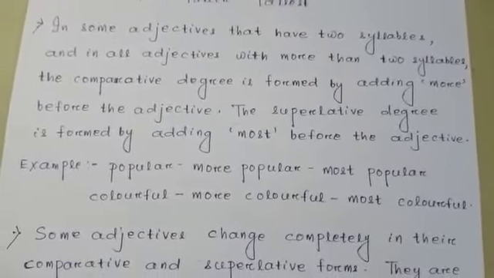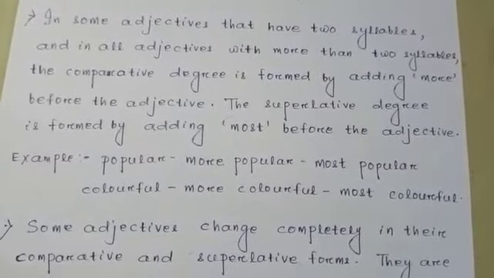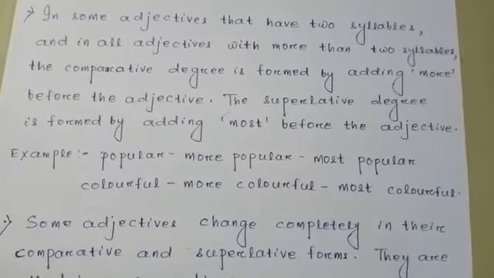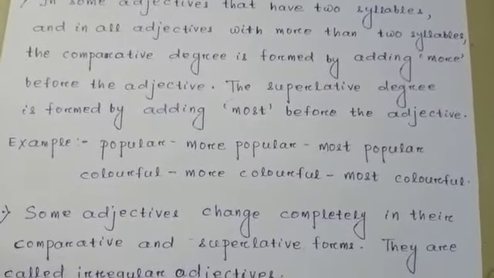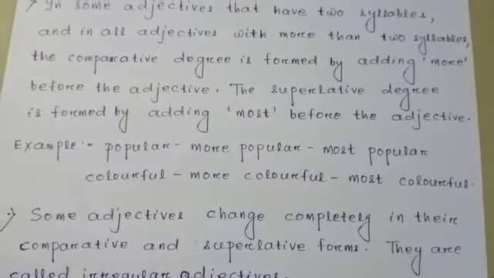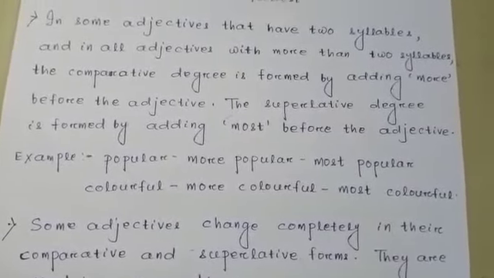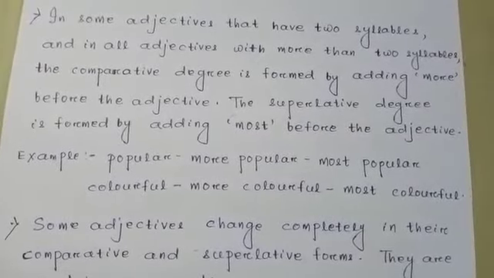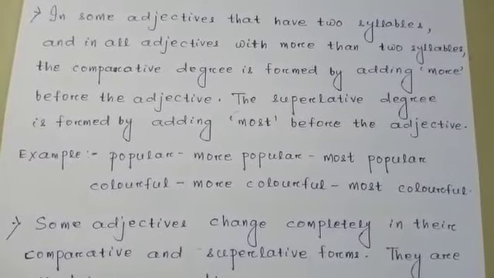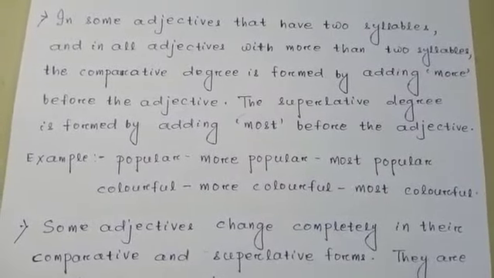Let's come to the next point. In some adjectives that have two syllables, and in all adjectives with more than two syllables, the comparative degree is formed by adding more before the adjective, and the superlative degree is formed by adding most before the adjective. Do you know the meaning of syllables? It is a series of vowels. Let us see the example: popular. How many syllables are there?